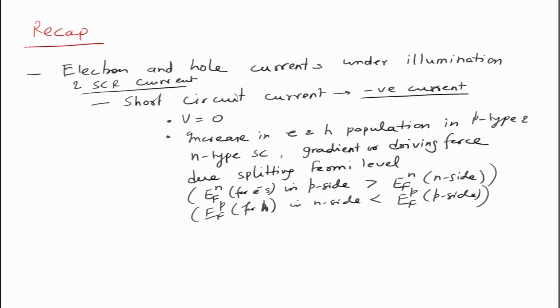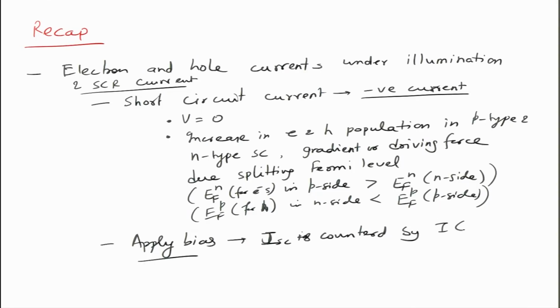Okay, and this leads to the current in opposite direction, and this current, as you apply bias, then ISC is countered by IV. Okay. So now when you plot this, you start getting a curve like this.